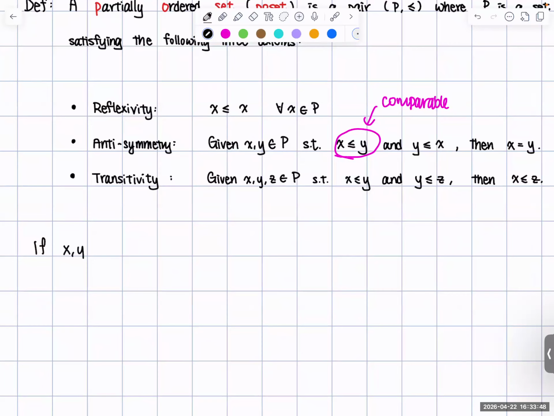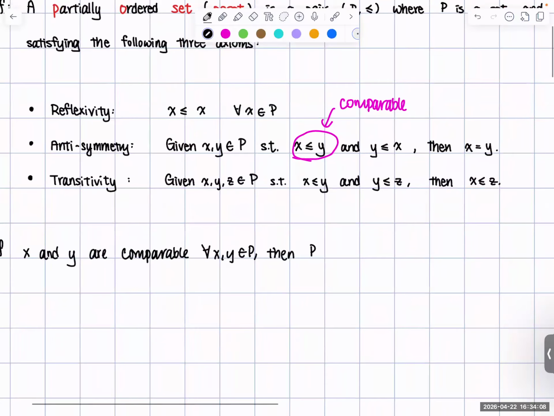If x and y are comparable for all x, y in P, then we call this poset P a total order, or totally ordered set.